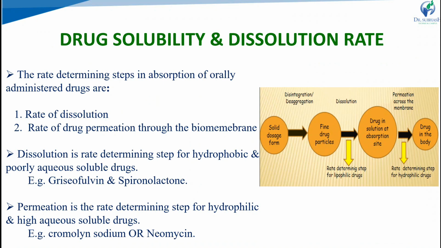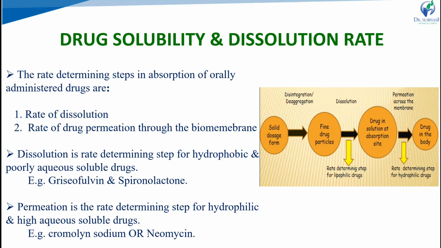For absorption of a drug, we have to see the criteria: first it has to go for disintegration, and afterwards for dissolution. For disintegration and dissolution, the drug must have sufficient aqueous solubility in the biological fluid or dissolution media, so it disintegrates, converts into small fragments, solubilizes into the dissolution media, goes into soluble form, and then goes for absorption.